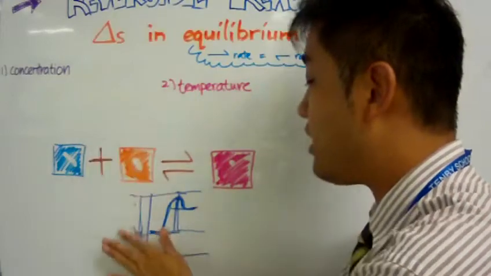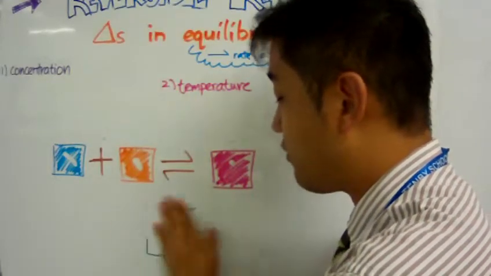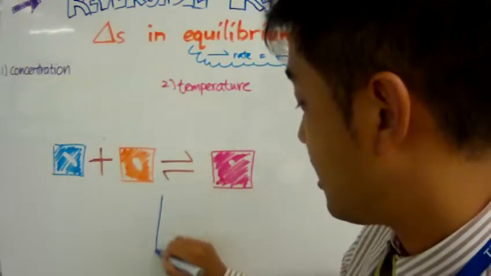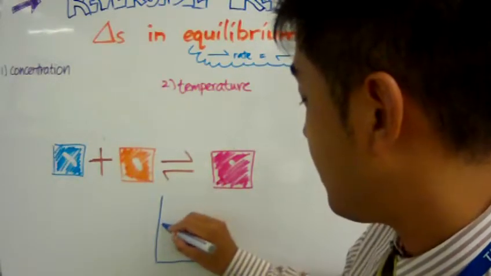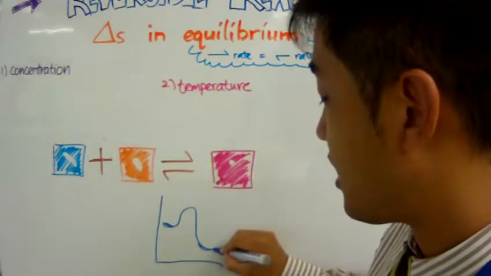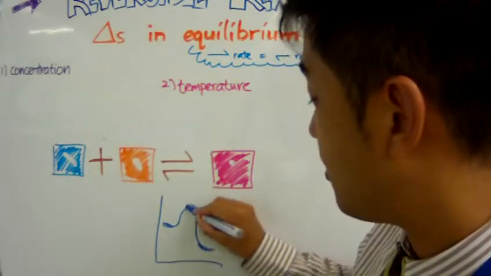Now, what if the reaction profile is an exothermic reaction? So here we have the energy profile again, and we have the reactant energy here, activation energy, and the products. All right, so here we go.